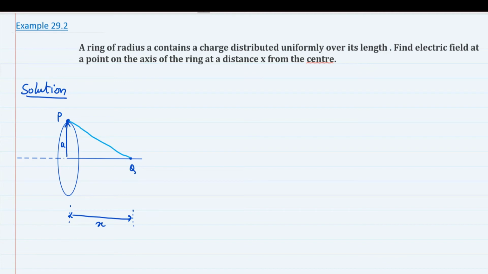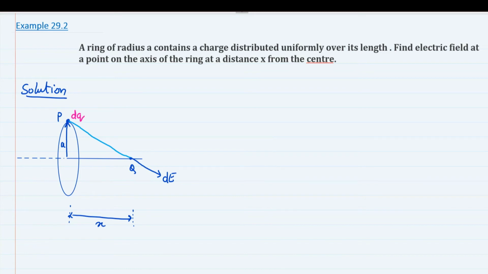For a very small element, let's suppose I'm assuming a small element, which is having a small charge dq, the electric field due to this small charge, small electric field dE, will be like this.